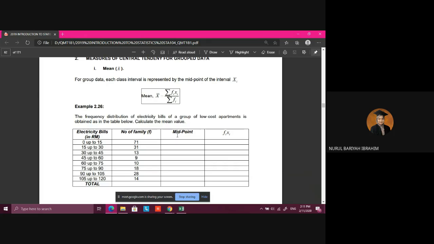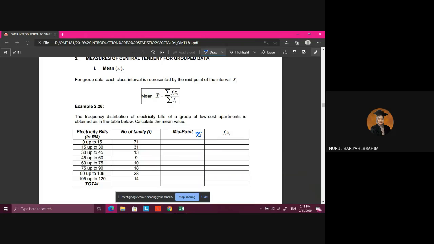Okay, ini adalah small x. Di sini adalah small x i tadi. Okay, so how to find the midpoint? It is the midpoint of the interval actually. So 0 plus 15 divided by 2, you akan dapat midpoint.